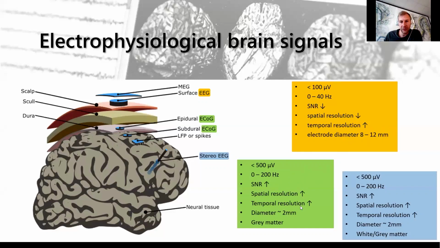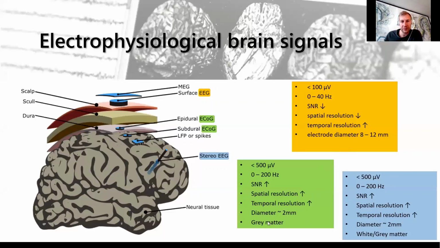Here we have much smaller diameters, about 2 millimeters, almost a fifth or a tenth of it. And then usually for sEEG and for ECoG, we have similar diameters and exposed area.